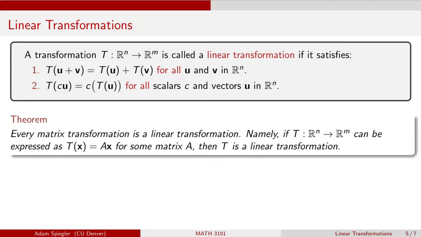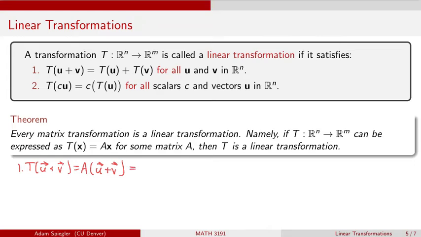So why would a matrix transformation like this satisfy the properties for a linear transformation? The first property is we would like to show that T of u plus v, which in this case would be multiplying the matrix A times the sum u plus v.